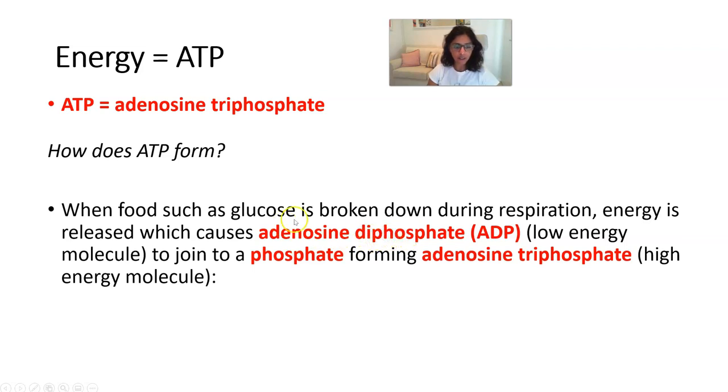When that glucose is broken down, adenosine diphosphate will join with another phosphate molecule, forming adenosine triphosphate. So we go from a low energy molecule, that's ADP, and then we form a high energy molecule, ATP.